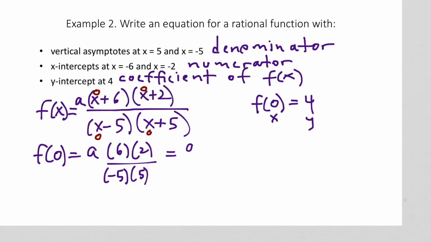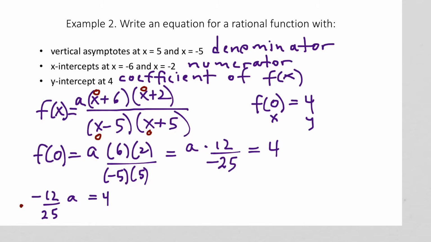So that's a times 12 divided by -25. And we're told that that has to be 4. All right, so we can write it a little better. We can say -12 over 25a equals 4.